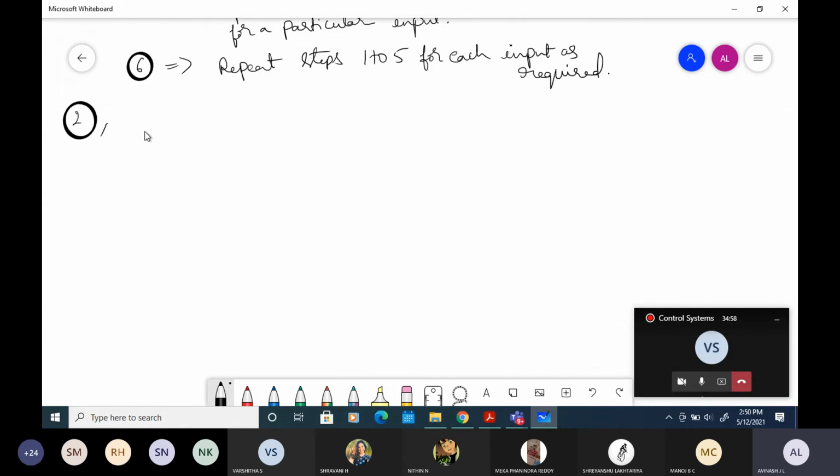Same thing, okay. Simplify the block diagram shown in the figure and find C of S divided by R of S. So the numerical is like this.